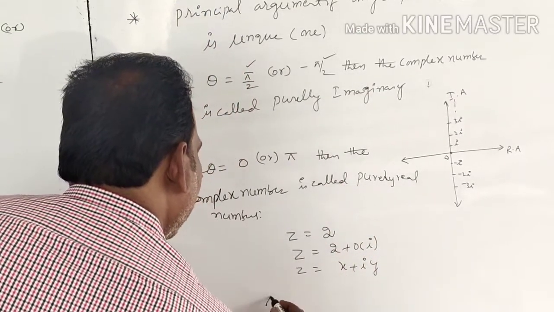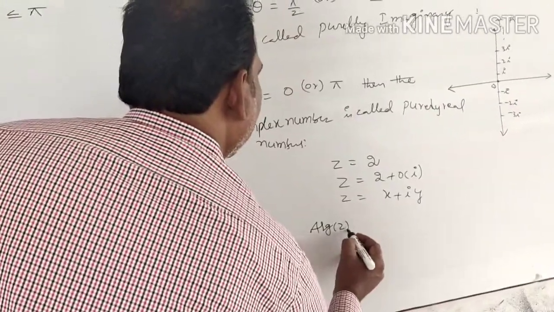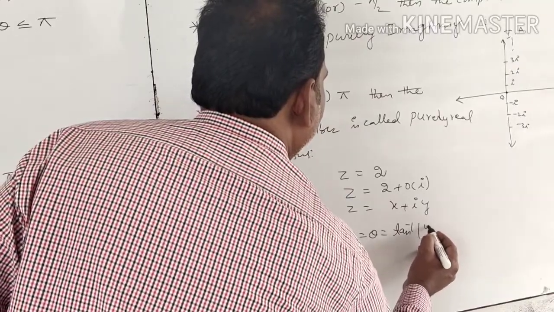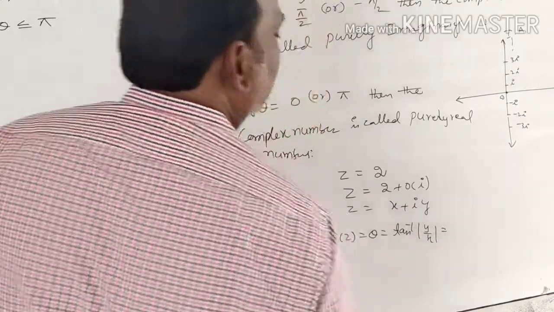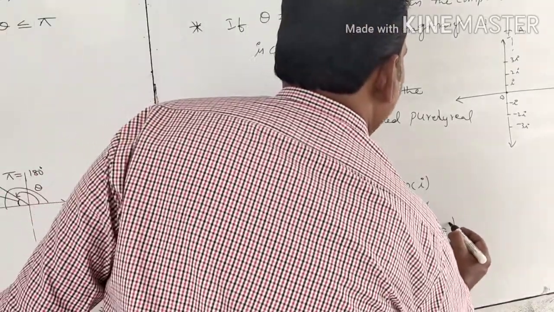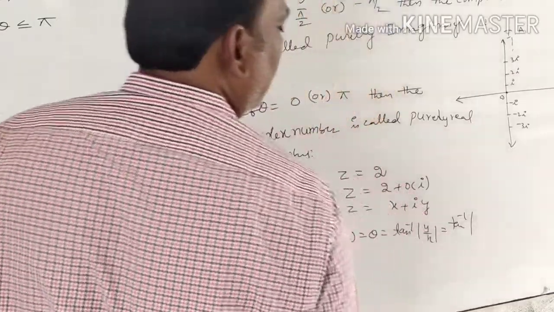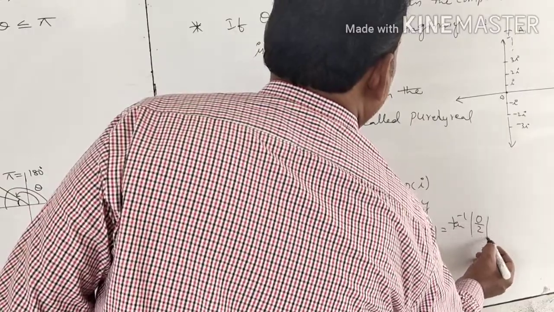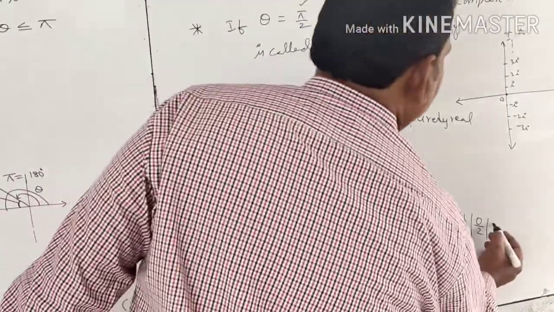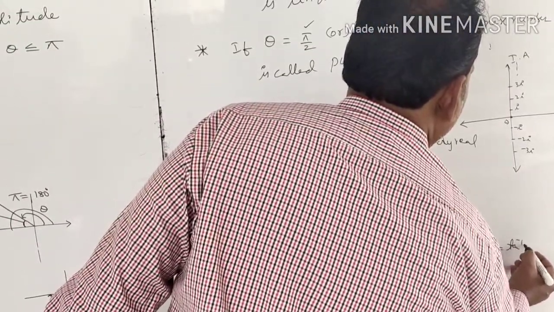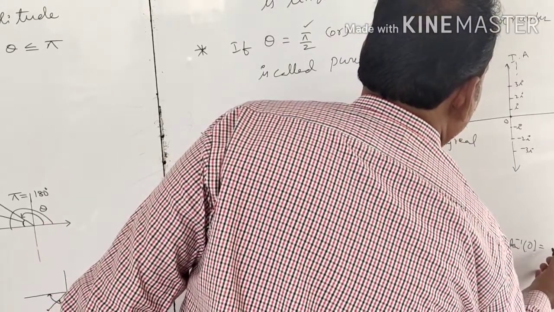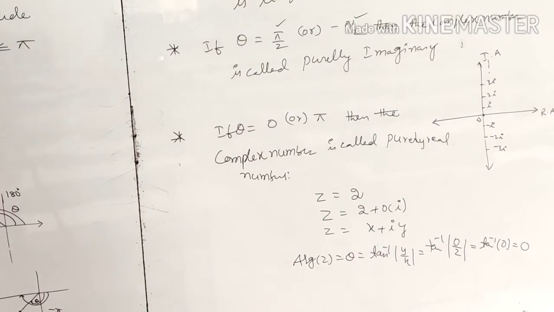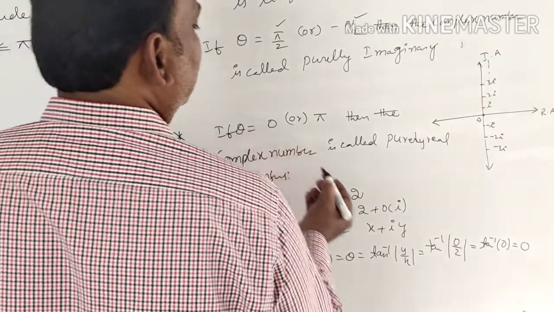Now the argument of z, that is theta, is given by the formula tan inverse of mod y by x. So tan inverse of mod y value, which is 0, by 2. 0 by anything is 0. So tan inverse 0 means, in the table, tan 0 degree is 0. Correct or not? So you see that the argument is 0.